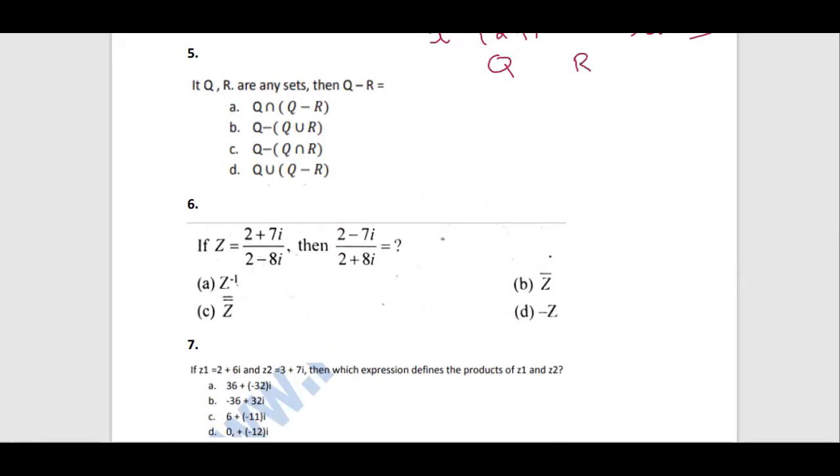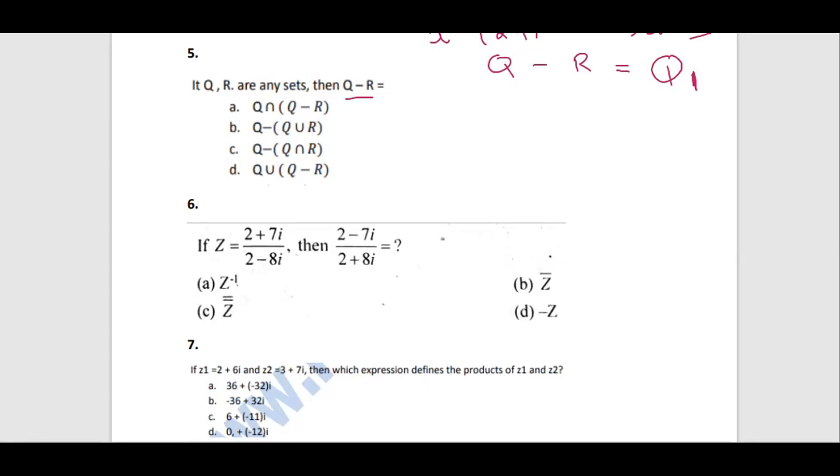Q has some part of R in it. When we say Q minus R, we only have Q without that R part. Let's think about it as Q1. Now we need to know which of the options is Q minus R.